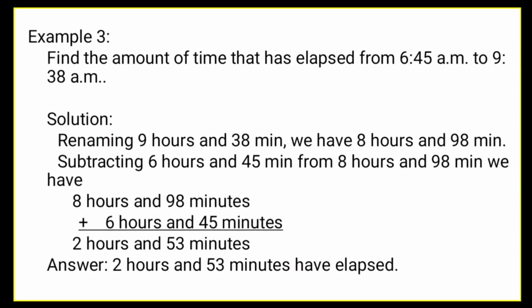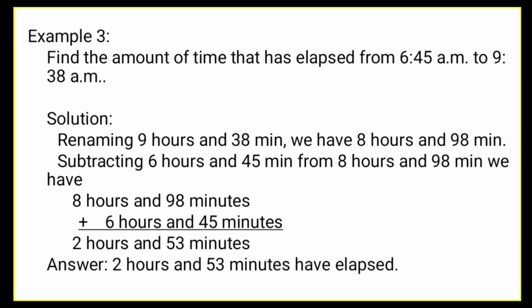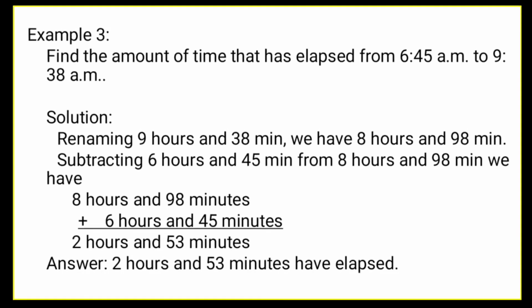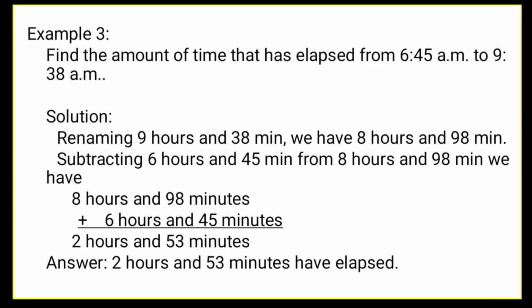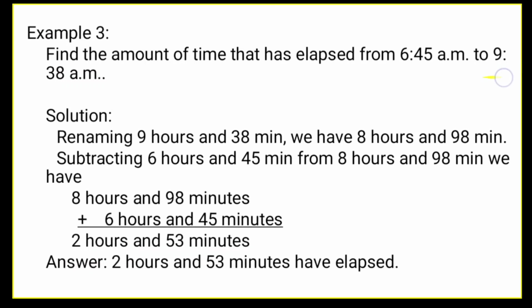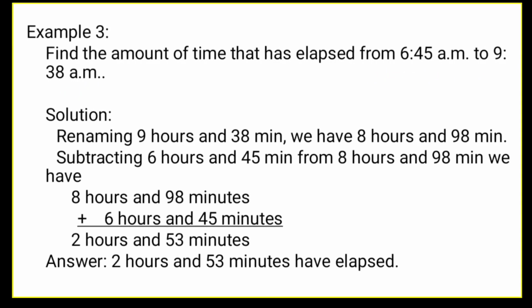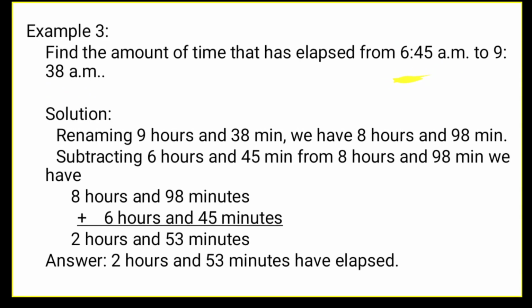Next, example number 3. Find the amount of time that has elapsed from 6:45 a.m. to 9:38 a.m. So our solution here is, as you can see, if we subtract 9:38 minus 6:45, we're unable to subtract 45 from 38 because 45 is greater than 38.